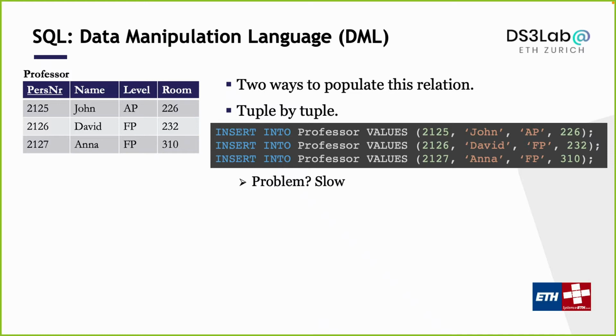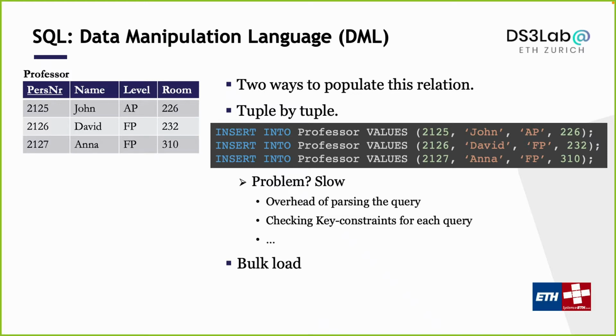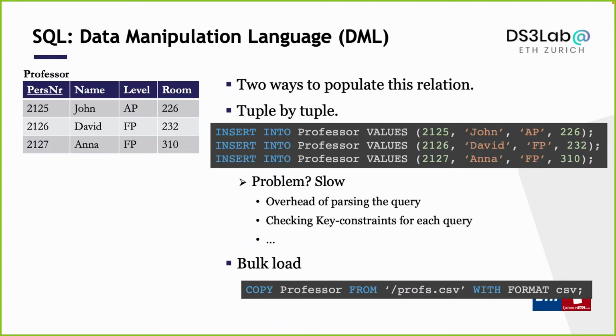That's probably not the best way to do it. Another way, which most database systems give you, is a bulk type of functionality where you can put your information into, for example, a CSV file, have a table somewhere, and say just copy everything in this file, given a format the database can understand, into this relation.